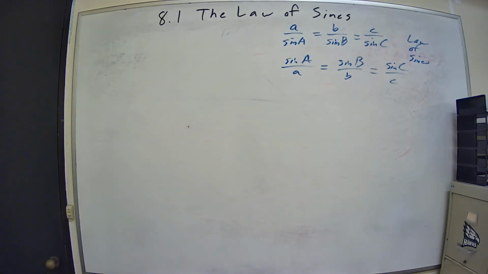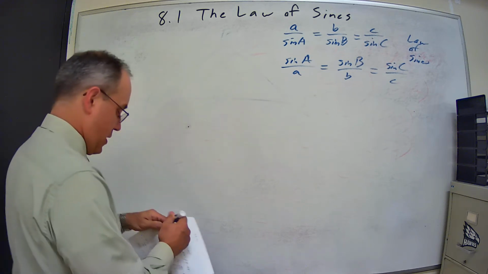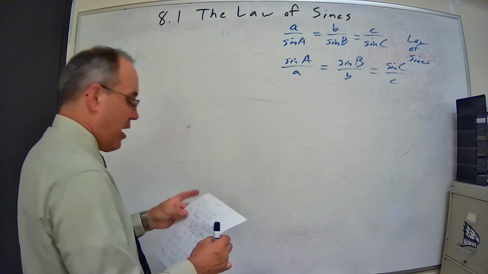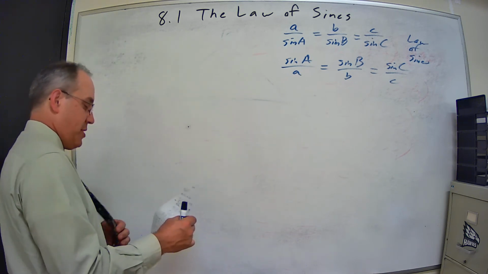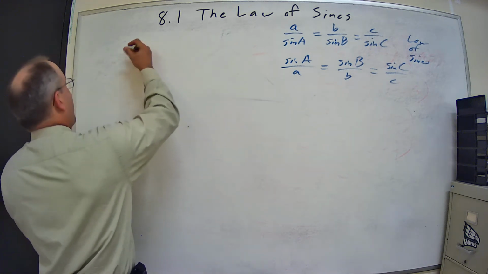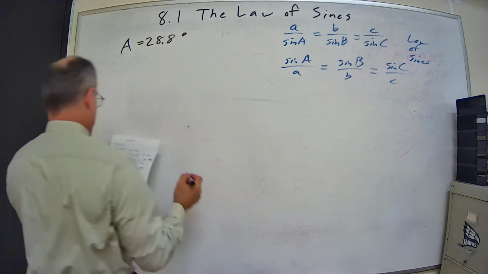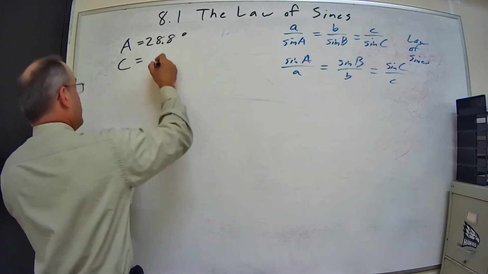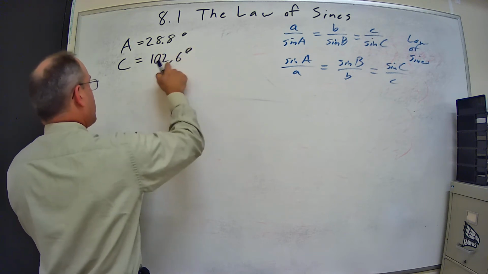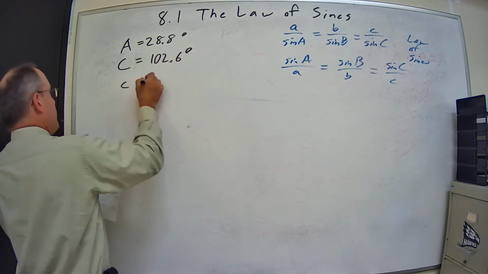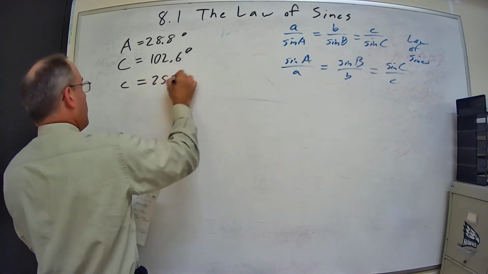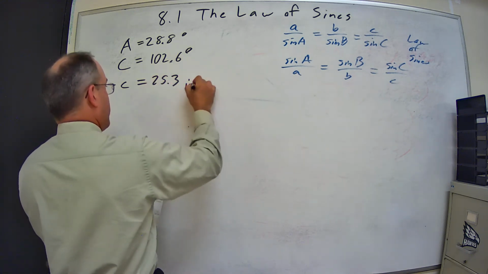Okay, for convenience sake, I'm going to look at an example that I have on hand. So we're going to solve triangle ABC if angle A is equal to 28.8 degrees, angle C is equal to 102.6 degrees, and side C is equal to 25.3 inches.